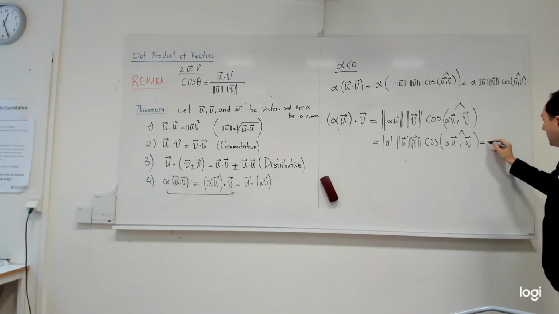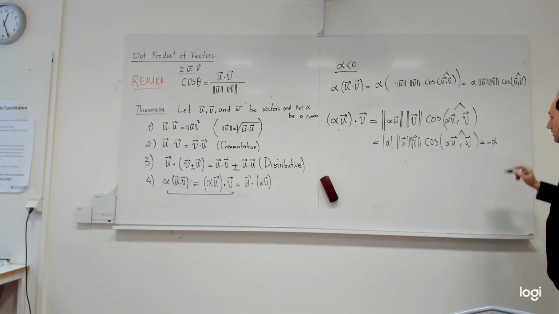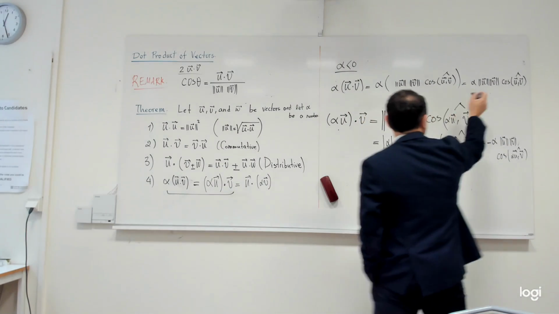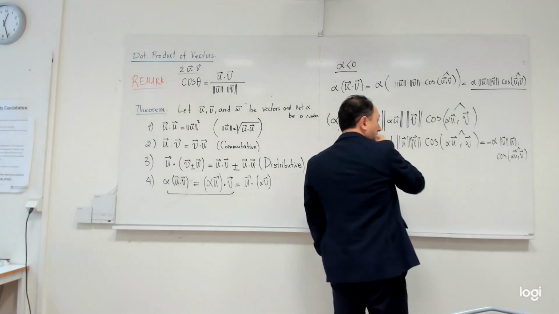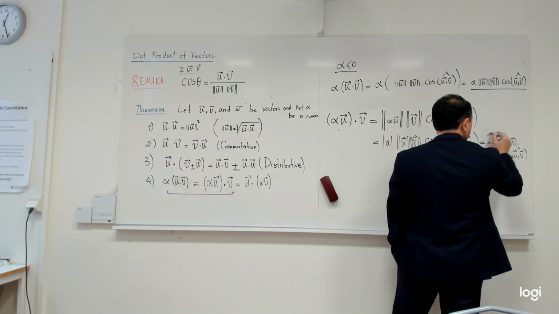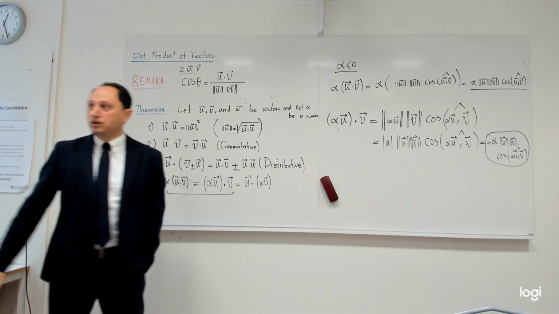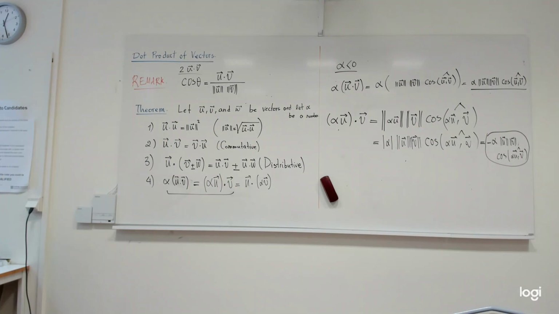So this becomes negative alpha, norm of u, norm of v, and the cosine of the angle between alpha u and v. Okay? So I was able to show that the left-hand side is equal to this expression, the right-hand side is equal to this expression. I have to convince myself that these are exactly equal. But are they?